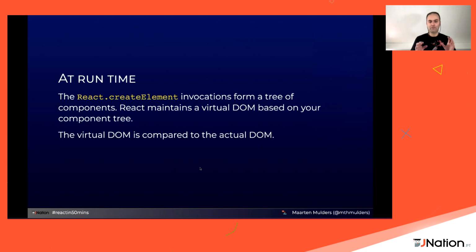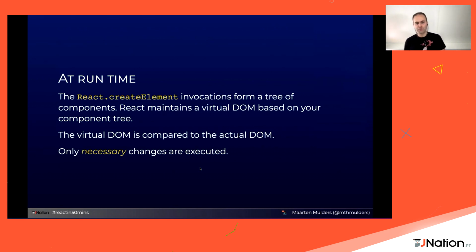That is the thing that is in your browser, the thing you would see if you used your development toolbar and said inspect element. Then you will see the document object model as it is at that point in time. The virtual DOM is compared to that actual DOM, and React will then make the smallest possible changes to make sure that the actual DOM is again synchronized with the virtual DOM.